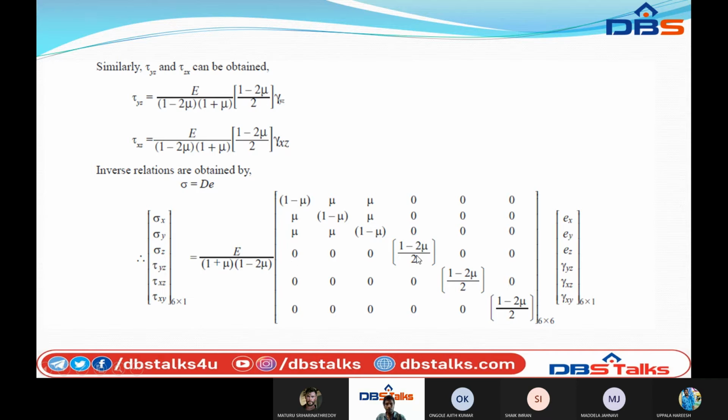In that position, 1 minus 2 mu by 2 is written in matrix form, and the mu yz will be written in the RHS, that means shear strain conditions. Okay, this is the important D matrix, or stress strain relation for a 3-dimensional body.